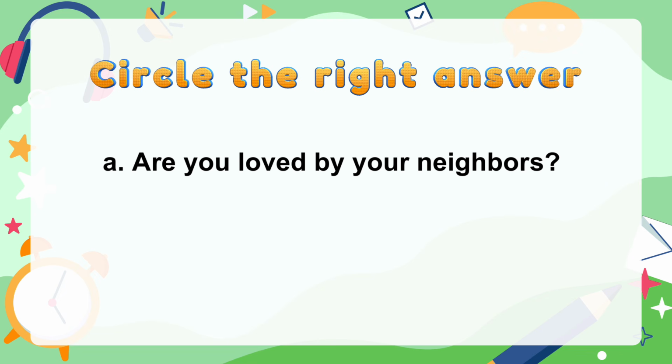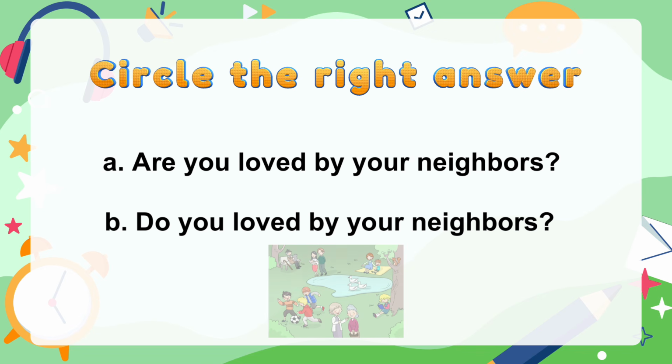A. Are you loved by your neighbors? B. Do you loved by your neighbors? Here we need a be verb. Are is the be verb. So the answer is A. Are you loved by your neighbors?